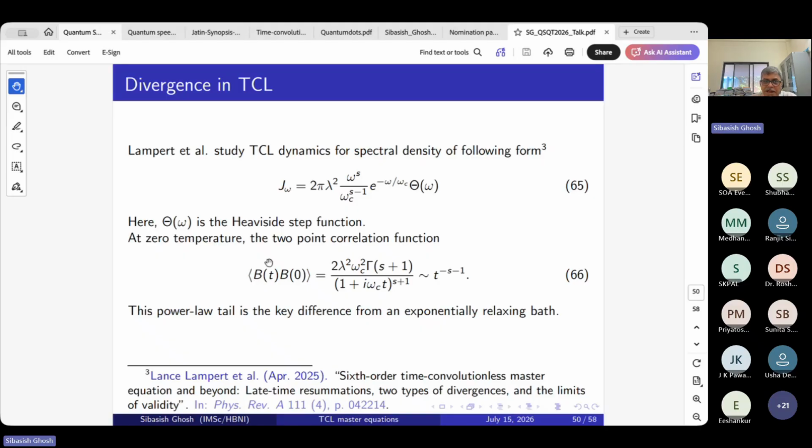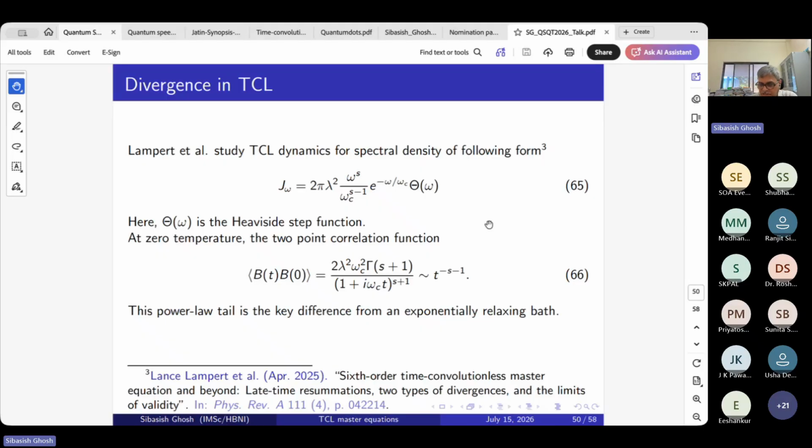For example, Lampard et al. studied this higher order TCL dynamics for a spectral density of this form. So J(omega) is of this form, something like what we originally used, J(omega) proportional to omega to the power s, and this capital Theta(omega) is the Heaviside step function.